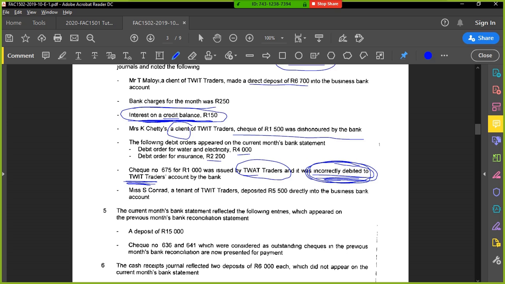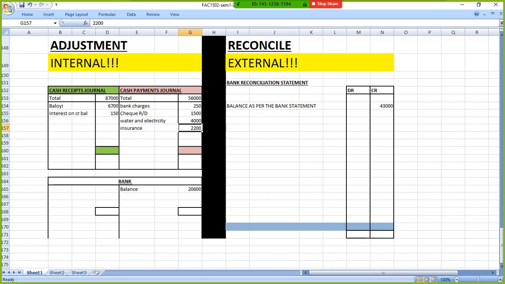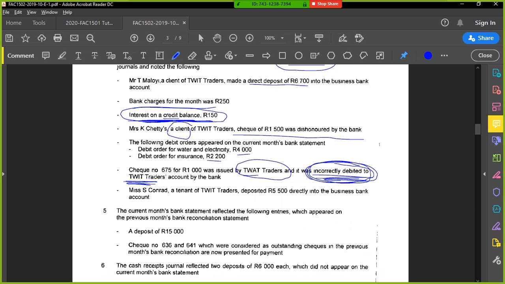Do you agree? So what's going to happen? The bank's going to correct it. Bank error, reconcile. Nobody wants the incorrect debit, right? The bank is taking money from your account that belongs to somebody else's. This business drew the check, our business paid it.